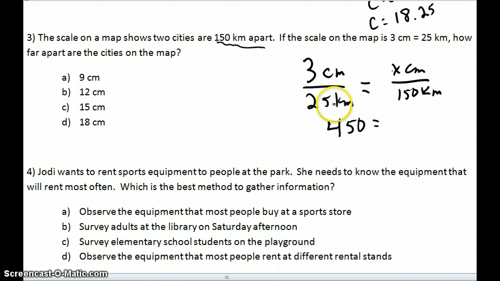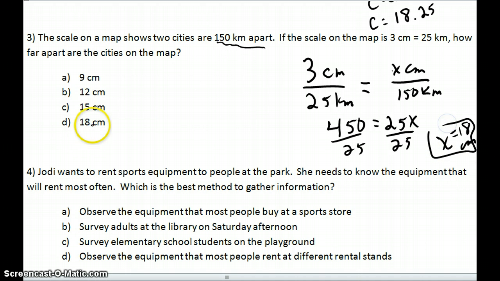We do x times 25, gives us 25x. We divide both sides by 25. And we get 18. And we need centimeters on that. And that's one of our answers.